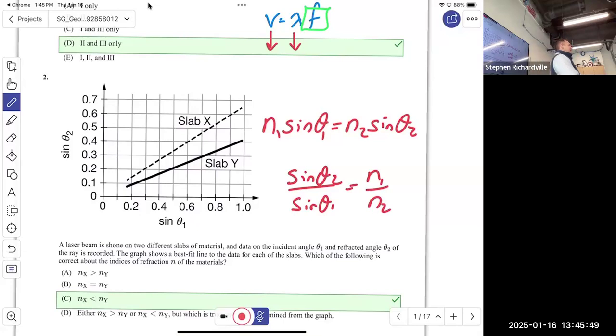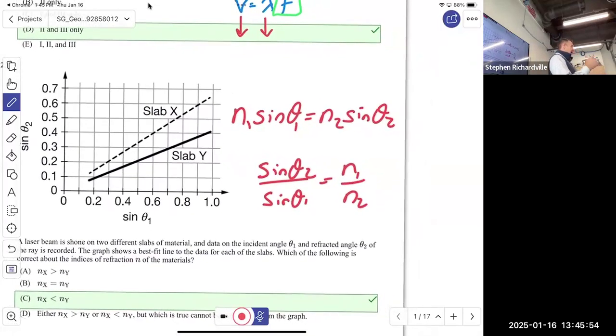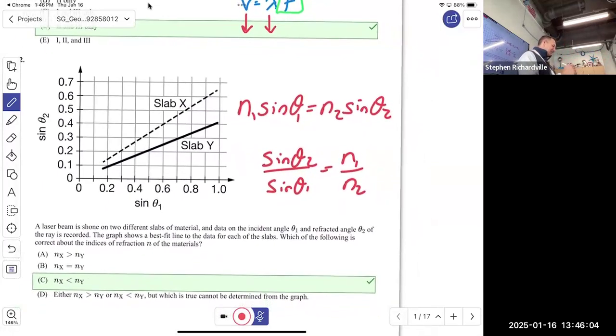So in that case, if I go from say like air to that material, laser beam is shown on different slabs of different material. I have my incident angle, my refracted angle. In this case, it's actually the opposite. Slab Y actually has the bigger index of refraction than slab X.